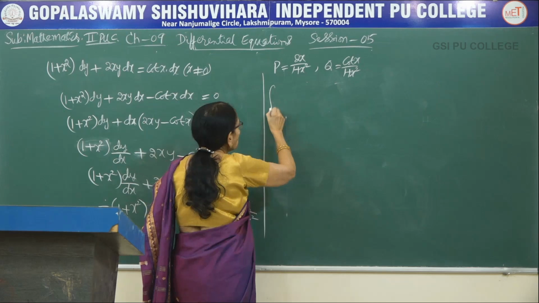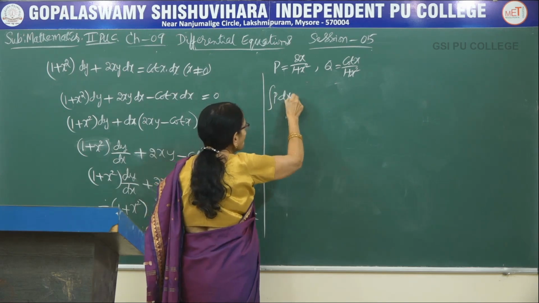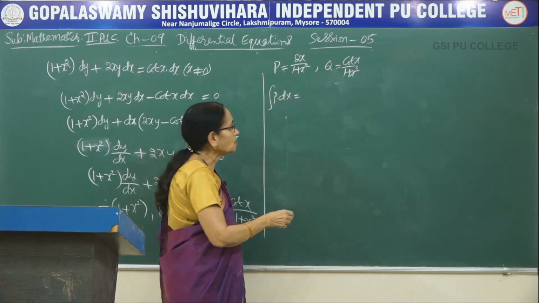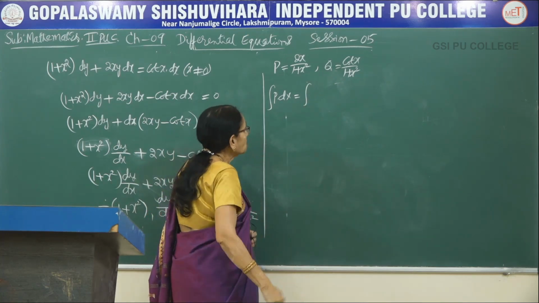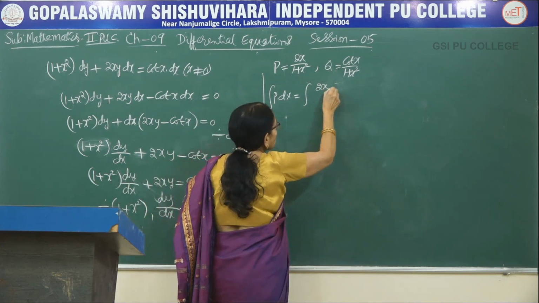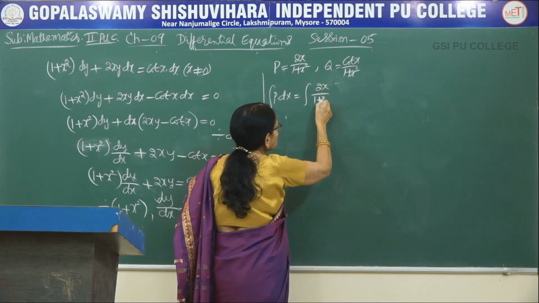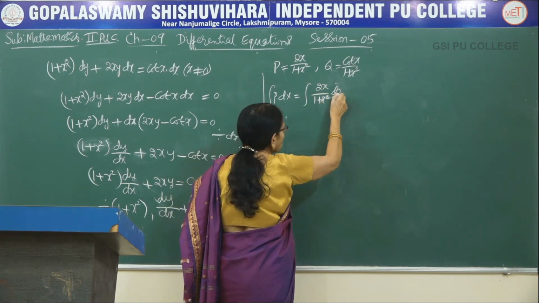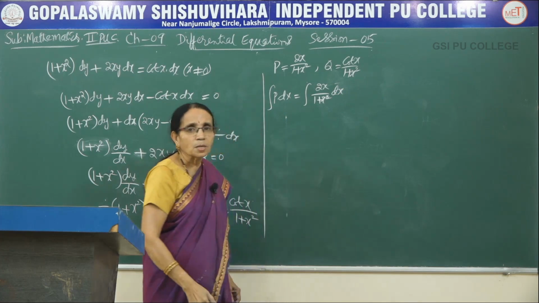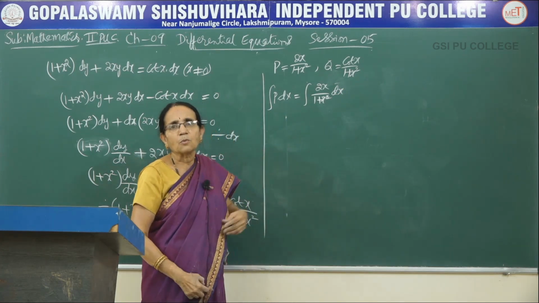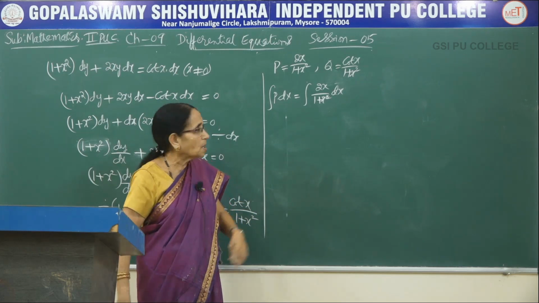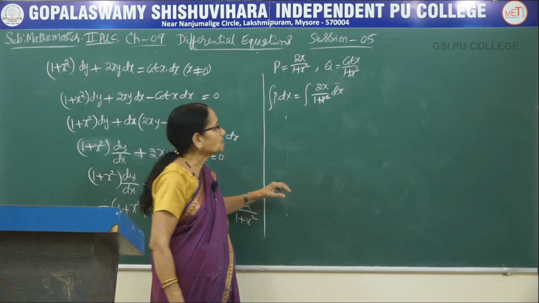Now, our first problem is to find integral P dx, isn't it? Now, what is integral P dx here? P is 2x divided by 1 plus x square into dx. And again here, what method can you adopt? You look at the denominator. Suppose you take 1 plus x square to be equal to t, the whole of the numerator becomes dt.